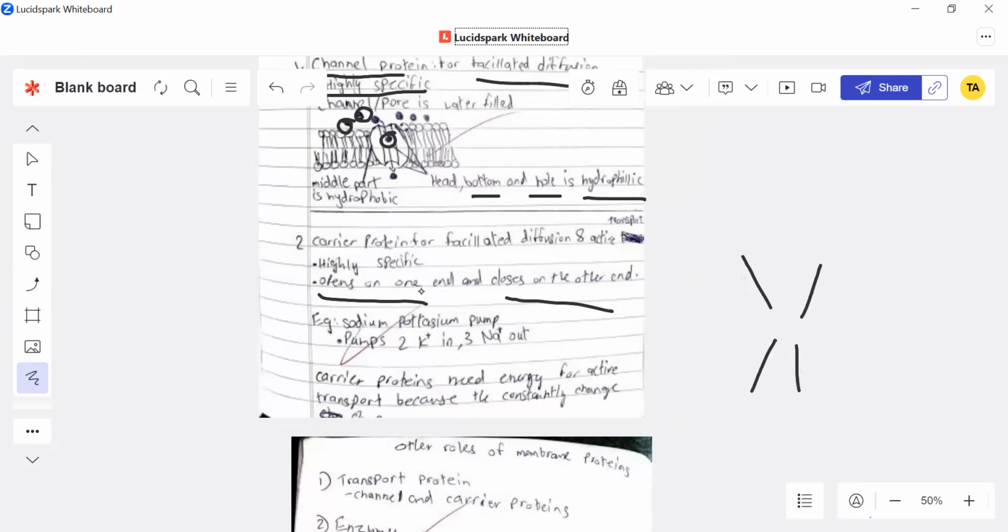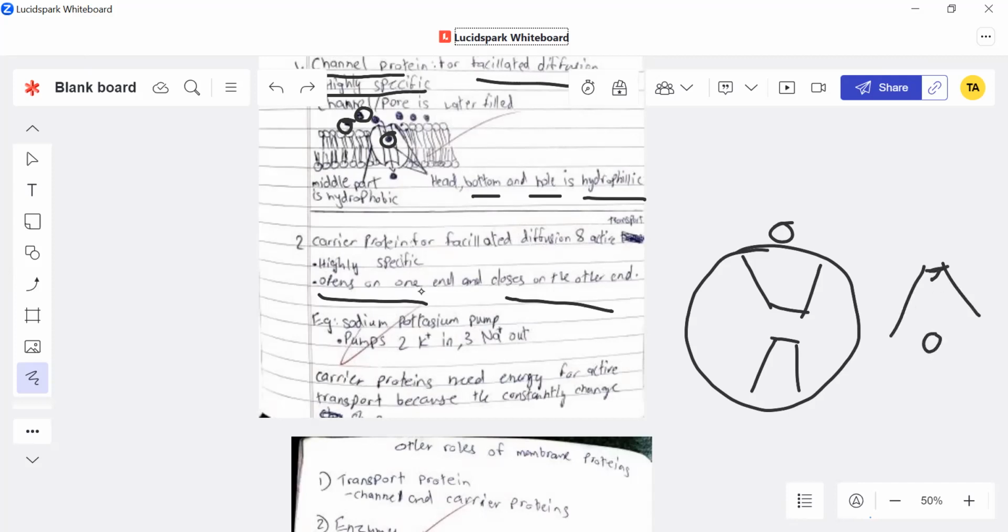Well, this is what a carrier protein looks like. So the protein enters from here. It's closed at the middle, but when the protein enters, it will change shape, and then it will look something like this.